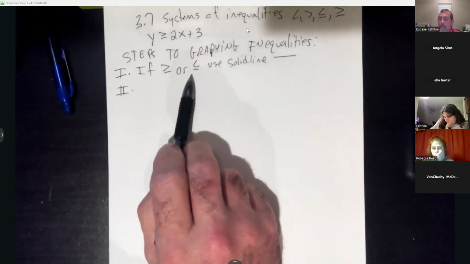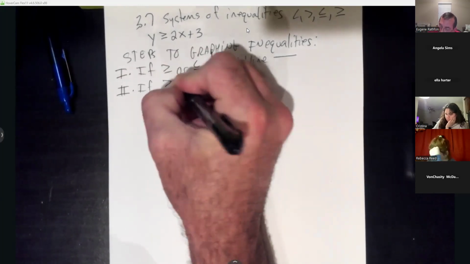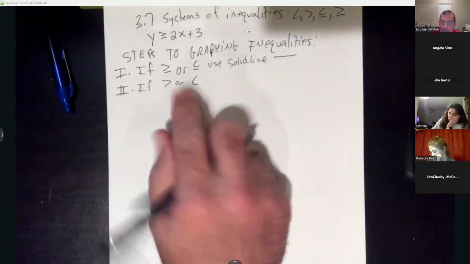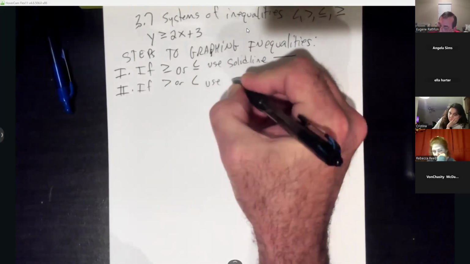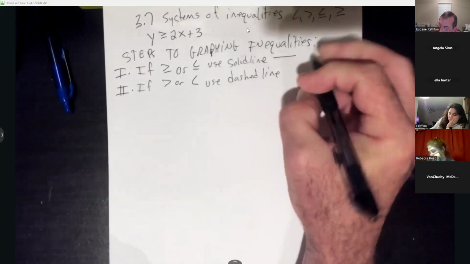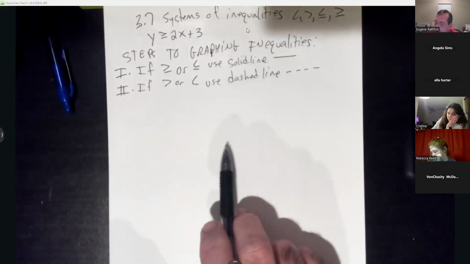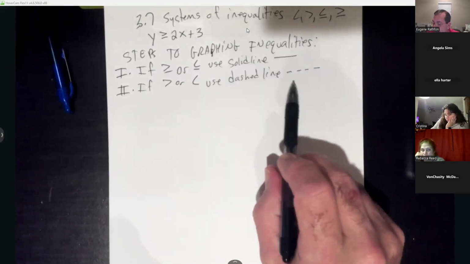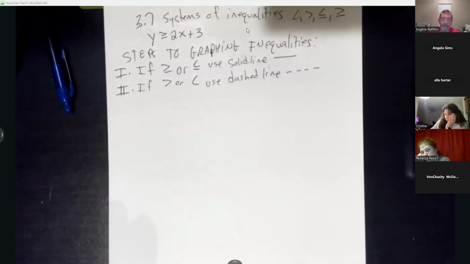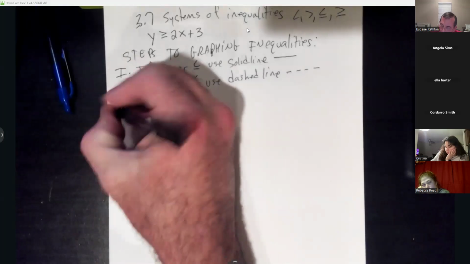So if it's got equals, solid line. If it's greater than or less than, if it does not have an equals under it, then we will use a dashed line. So if you need to graph it with a dashed line in MATLAB, you got to choose the dashed line, okay?